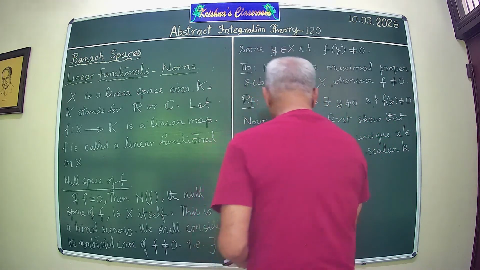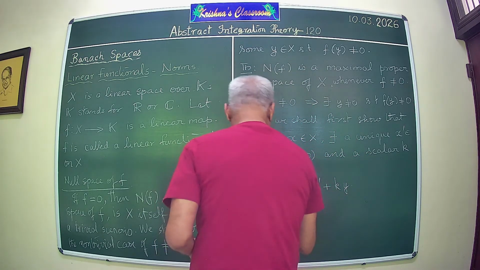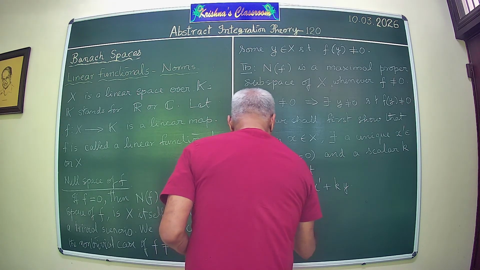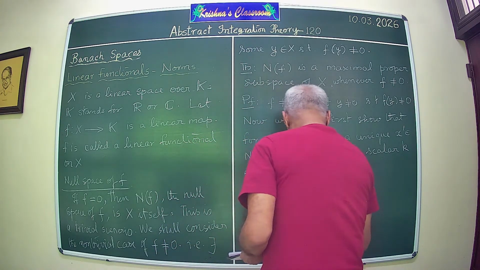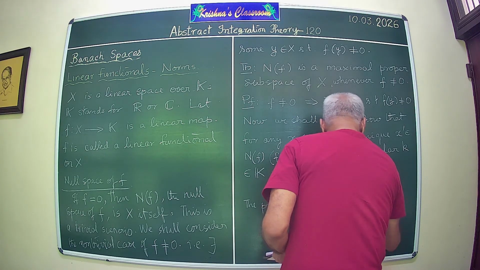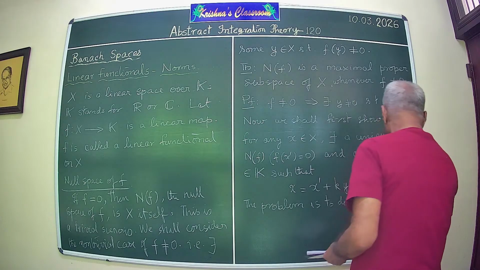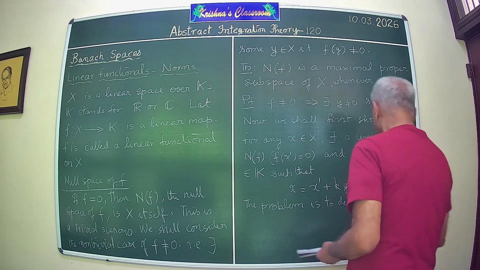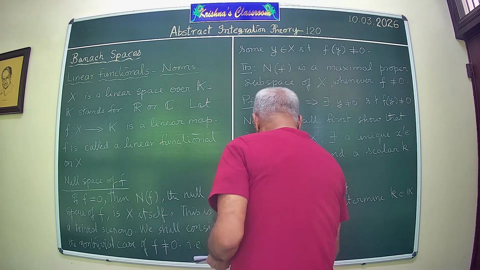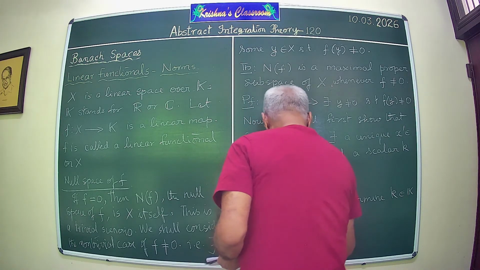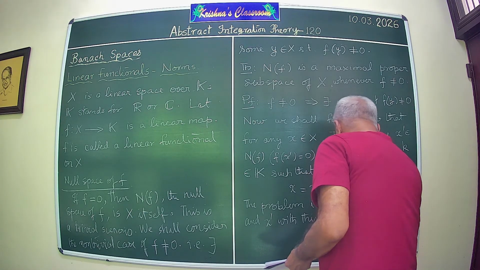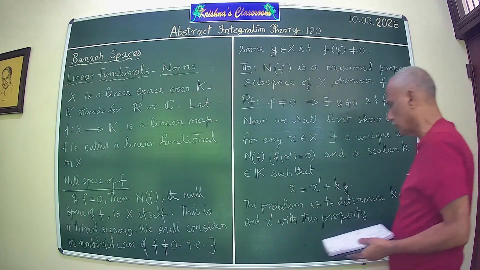Okay. So the problem is to determine k and x prime with this property. So let us do that.